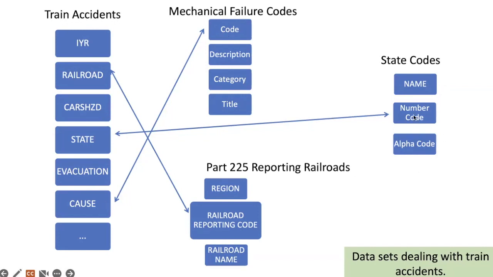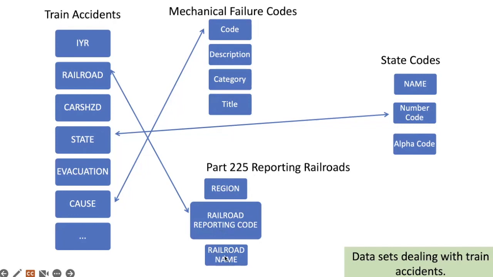It's just a number of a state code, and that's linked over to this number code in the train accidents. But the state codes also have the full name of the state as well as the 2-digit alphanumeric code that it uses. And finally, the third one is a listing of all the railroads, the region of the railroad reporting code, and that's linked up with the railroad code from the train accidents table, and then the full railroad name.